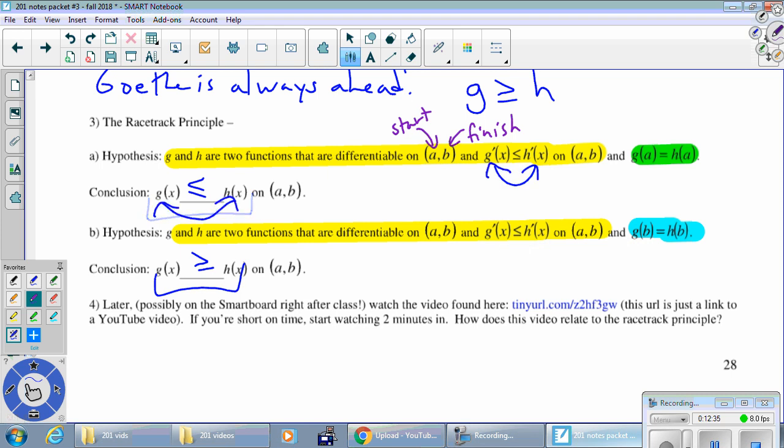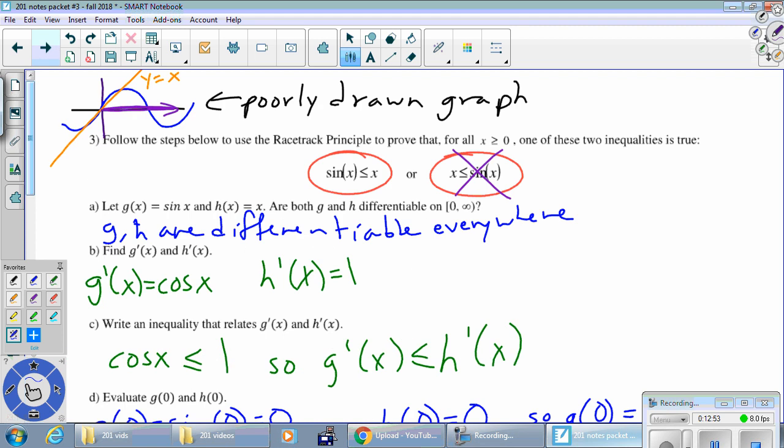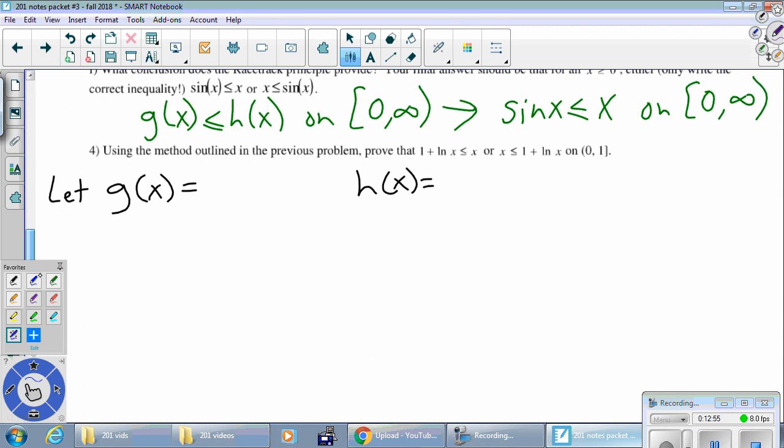But you do just have to be careful if you happen to pick g and h different from the one that gives you this order for the derivatives. So if you want to go out of your way to make sure you pick g and h to be in this order when you do the derivatives, that's okay. I'm just going to pick the first one for g and see what happens.